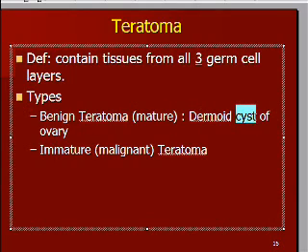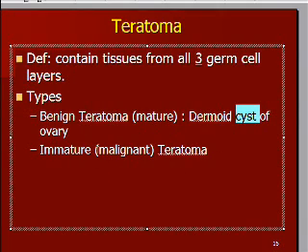Look at the word cyst, which means this is benign. So benign teratoma is cystic, benign teratoma is mature, benign teratoma is known as dermoid cyst of the ovary. Why it is known as dermoid cyst, we shall discuss.